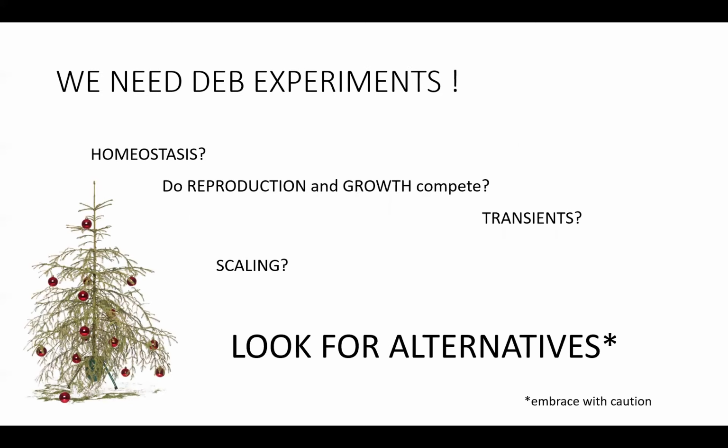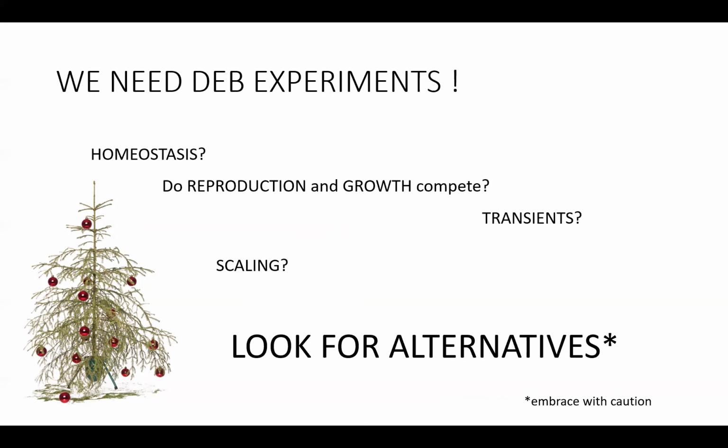But I wouldn't necessarily call it correct because it hasn't been tested. The standard DEB has been here for decades. We know that it works. We know when it works. We know when it doesn't. But that's not a reason to stop, right?